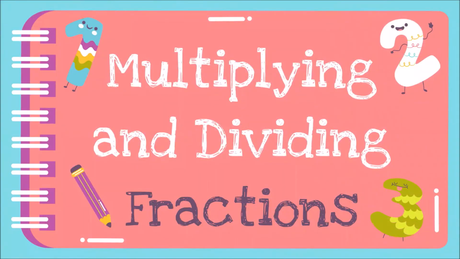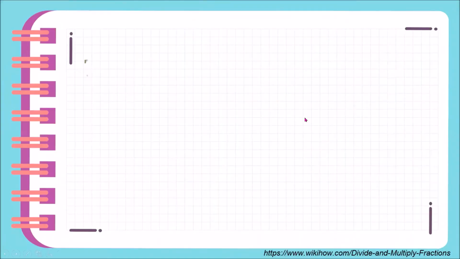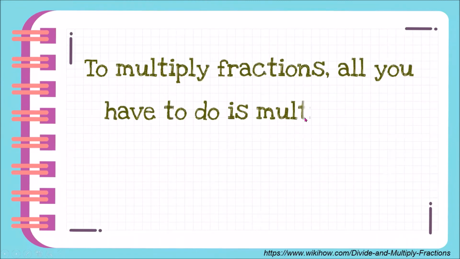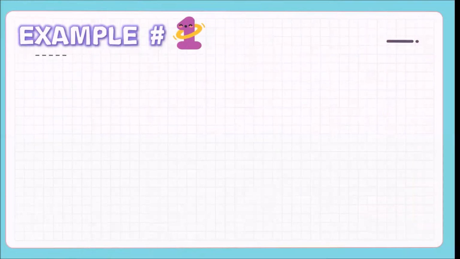So we have now multiplying and dividing fractions. So how to multiply fractions? To multiply fractions, all you have to do is multiply the numerators and denominators and simplify the result.